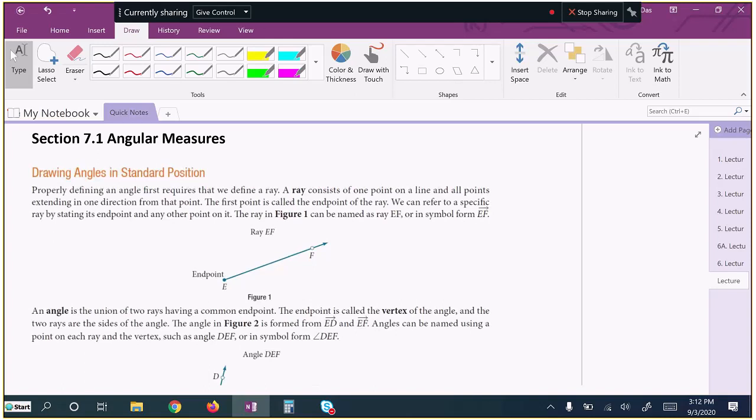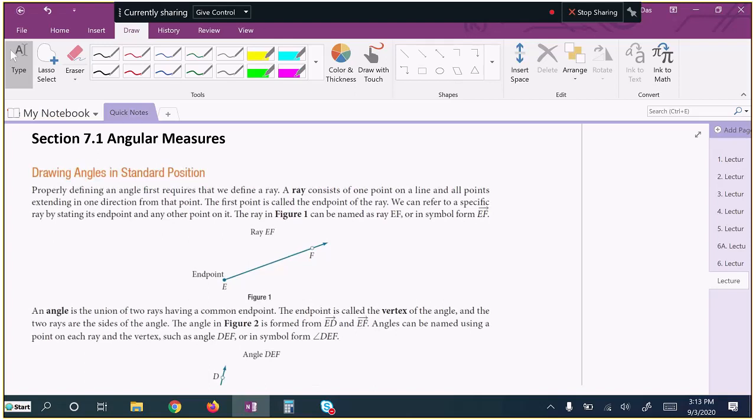So to define angles, we will start by defining a ray. A ray consists of one point on a line and all points extended in one direction. So in figure 1, E is called the endpoint of the ray EF, and in the direction of F, I will include every other point.